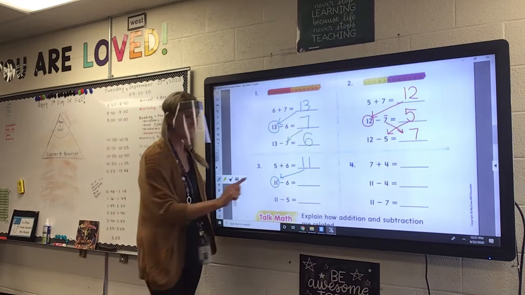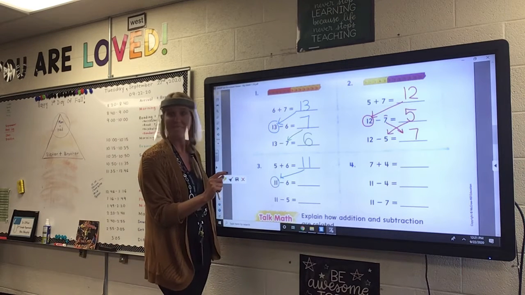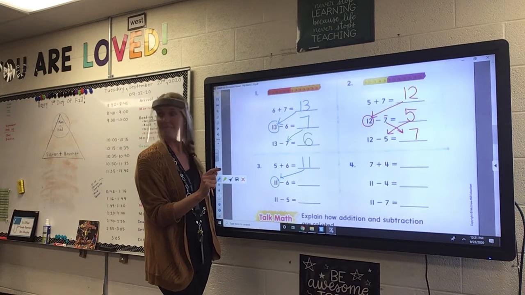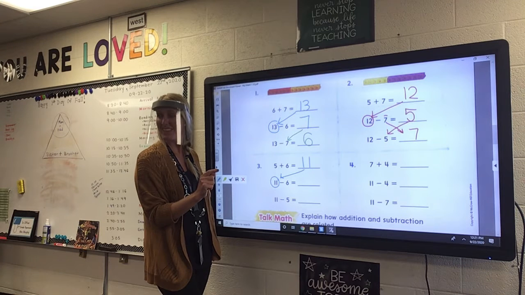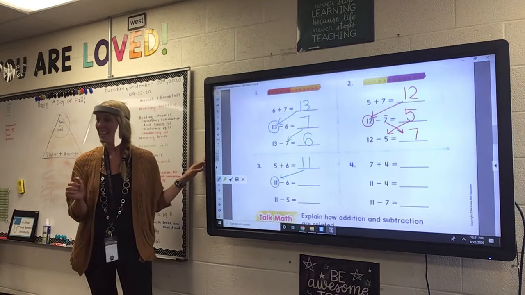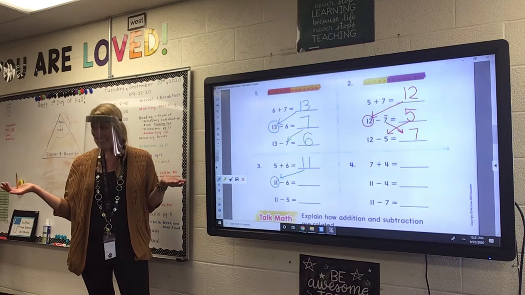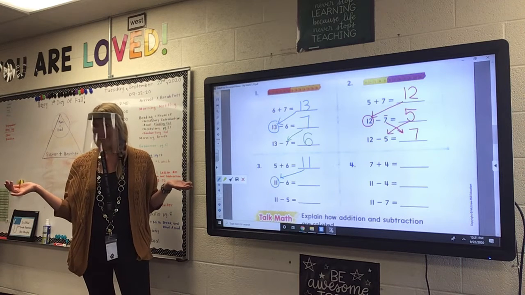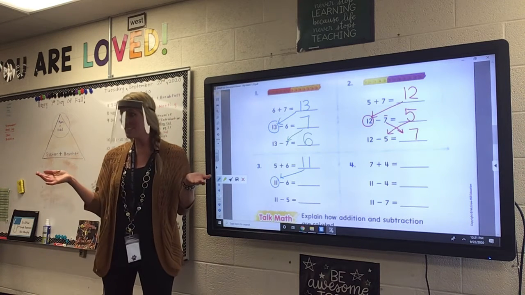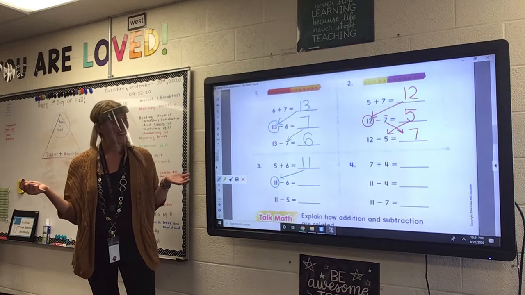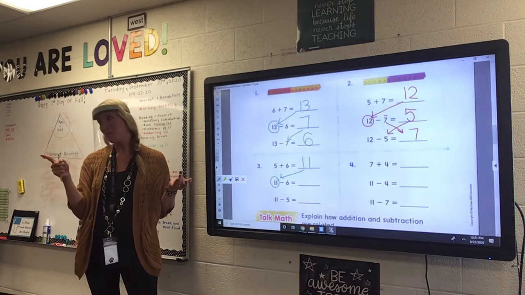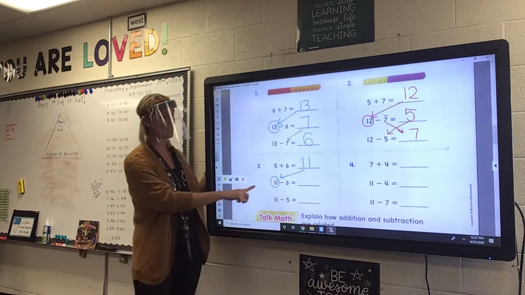Kinsley. You can see on every single one, it's like you can 7 plus 5 equals 12. Yeah, the answer's kind of there, right? Yeah, it's like in a row when you do it. Yes, you are right. You can kind of see the answers there.